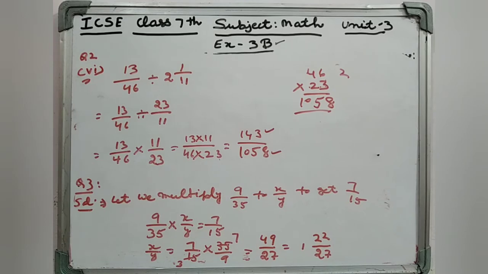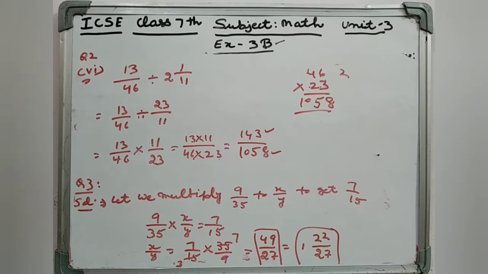The fraction will be 49 upon 27, right? This will be our answer. We have made a mixed fraction of it.